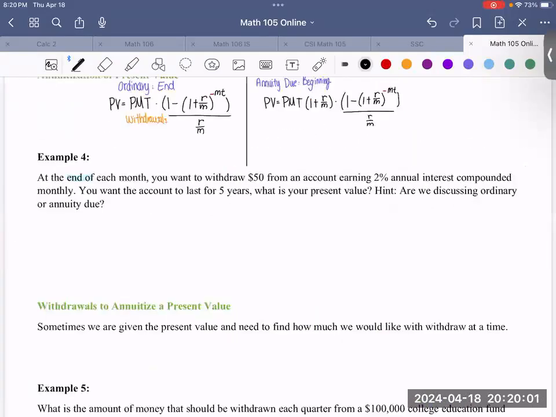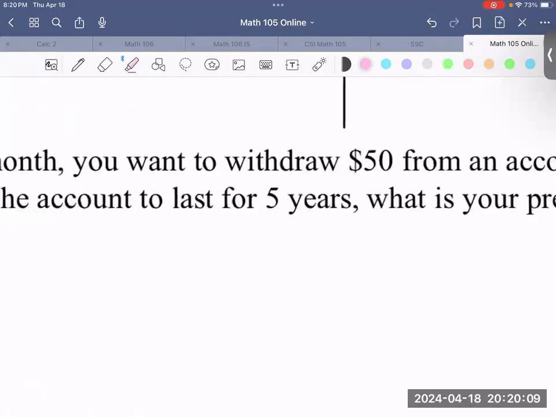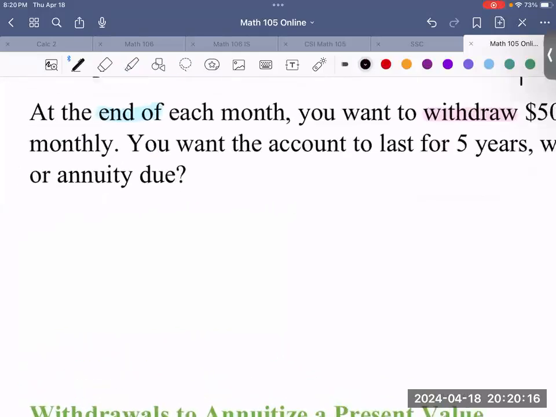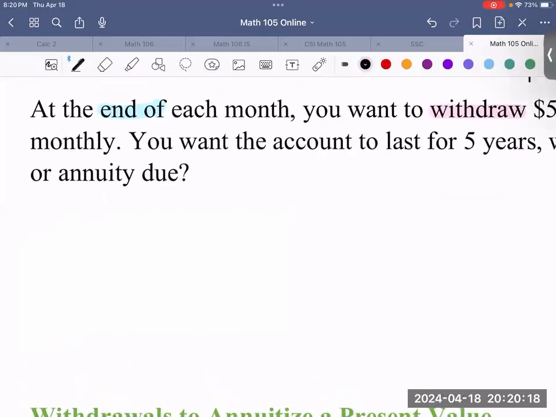So if we are trying to make a withdrawal now, the big context of this problem, instead of asking for deposits, is that we are now working with withdrawals. A lot of these problems are going to give you keywords, that being one of them. So we are now withdrawing $50, and I'm going to write withdraw.